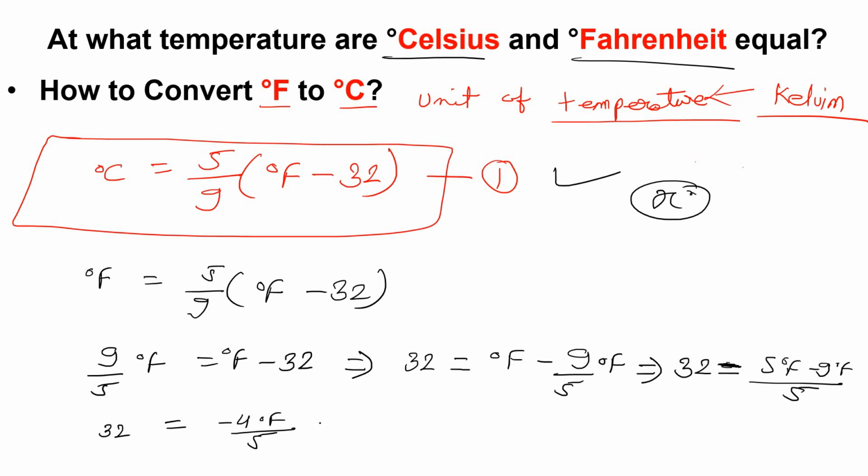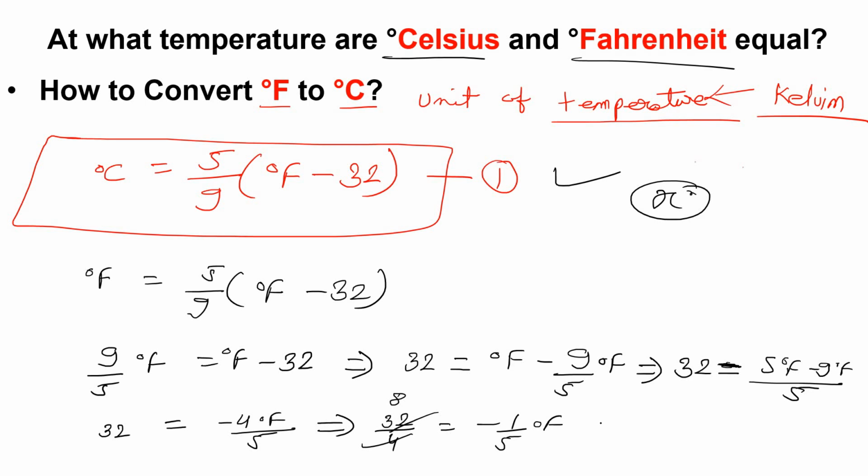Now if you simply cross multiply, 32 divided by 4 is equal to minus 1/5 F. So 32 divided by 4 gives 8.